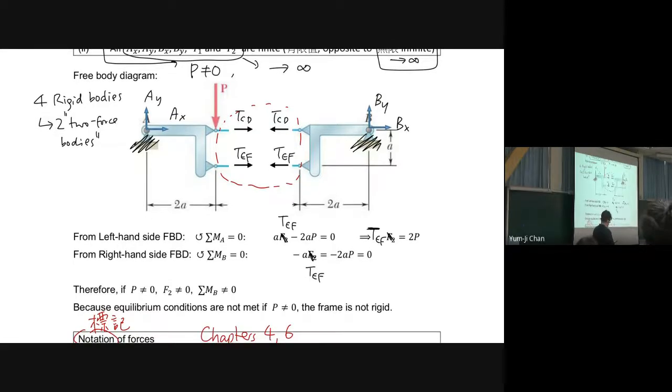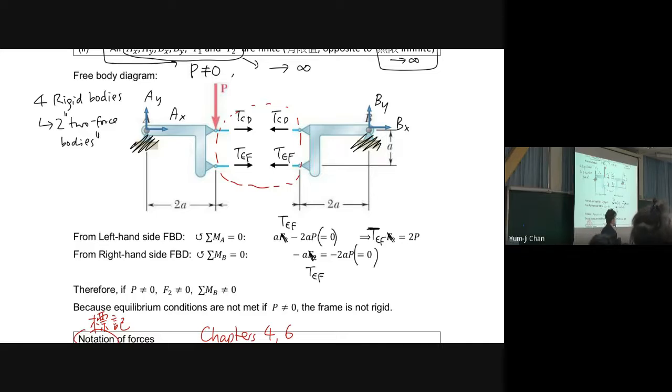So the only solution here is actually P equals to 0. So let's have a look. Because for equilibrium we have these two, right?